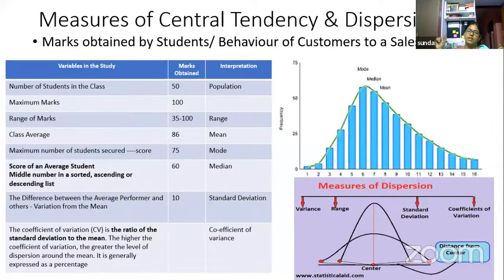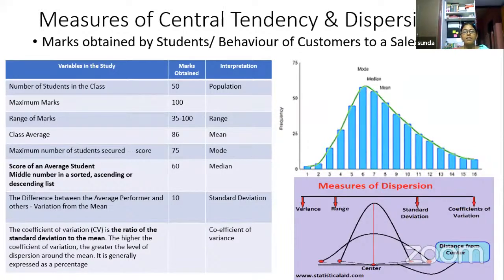Arrange all your marks either in ascending or descending order and find out where the midpoint is. That will tell you the association between your range and your mean. You will find out your midpoint. Okay, that midpoint is an interesting thing that will tell you where your average range is.